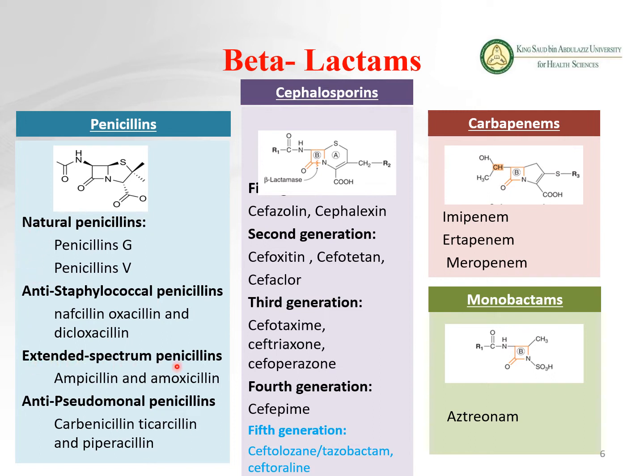Then we have extended spectrum penicillins. The first two are normally narrow spectrum penicillins, but this is extended spectrum, like ampicillin and amoxicillin. And anti-pseudomonal penicillins are active against Pseudomonas species. After that, we will discuss cephalosporins with their classification, and carbapenems and monobactams.